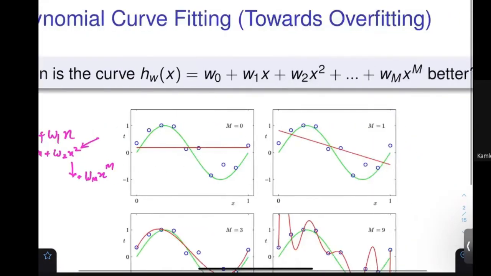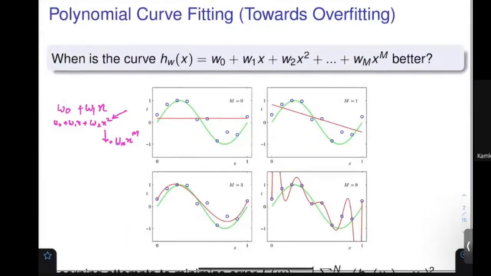So the first model is the linear model, this is the quadratic model, and with power m it is a more powerful model. m could be 1, 2, 3, even 0. If m is 0, then the equation becomes W0 only, just a single constant.